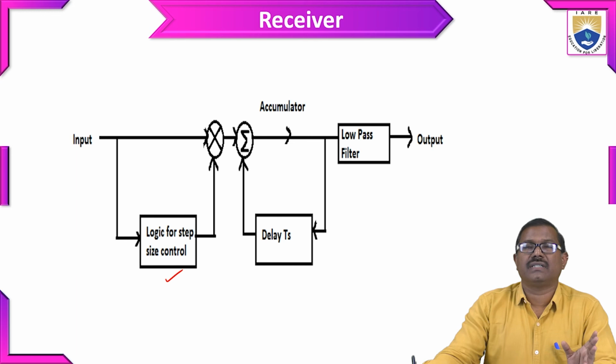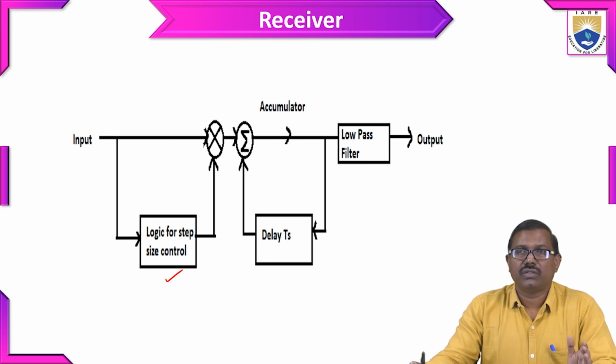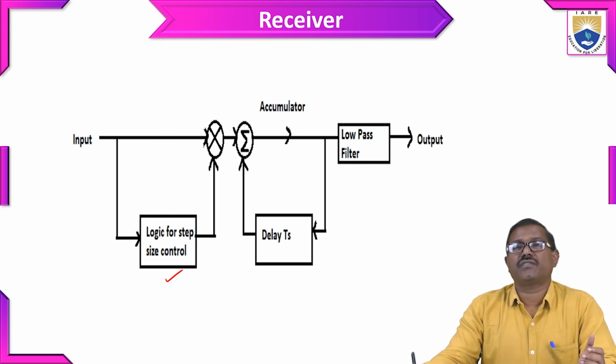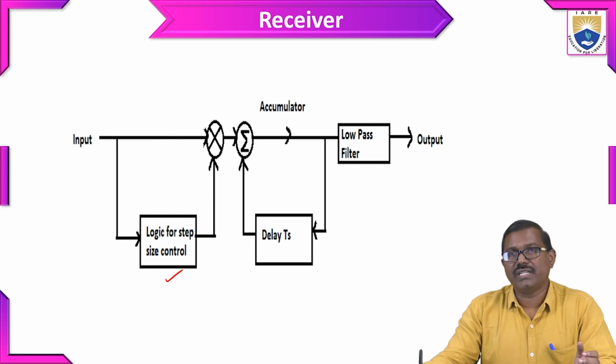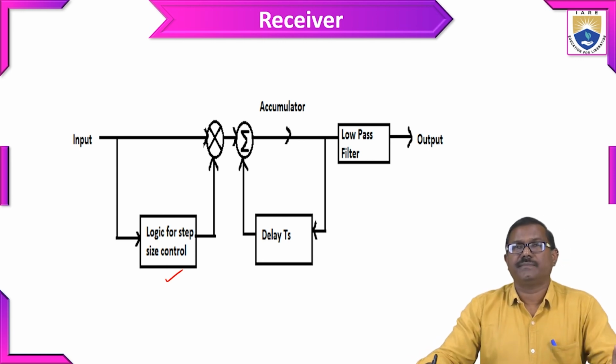The low pass filter has the signal frequency range given. So if the signal exists beyond the frequency range, it is just attenuated. So the low pass filter allows the low frequency signal and attenuates the high frequency. Why? Because the signal contains noise. Generally noise can be treated as high frequency signal. So it is attenuated. Only the low frequency signal, that is nothing but the message signal, is passed on. Okay.